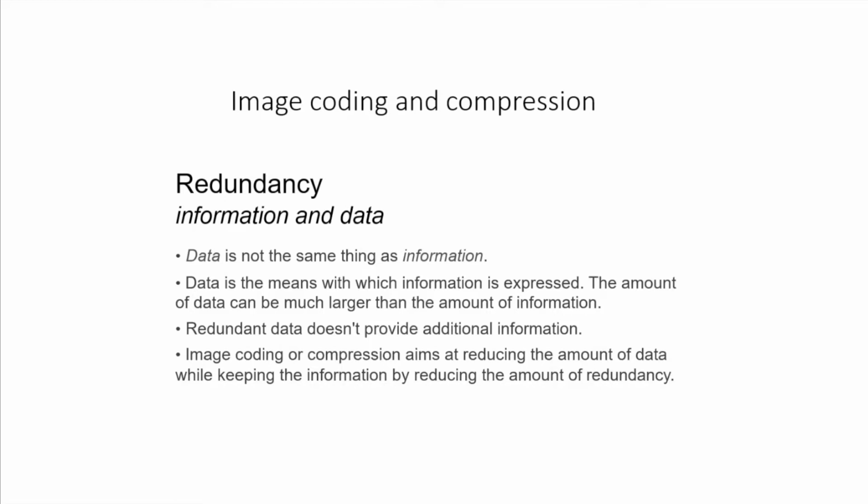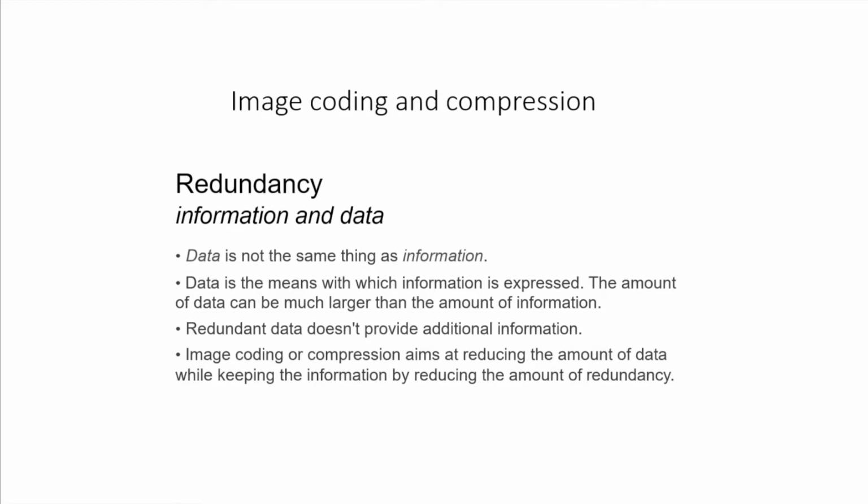Because data is how you encode your information. But you can have way more data than the amount of information, because you can have redundancy in your data, and this redundant data doesn't give any additional information, right? It's only the same information again.